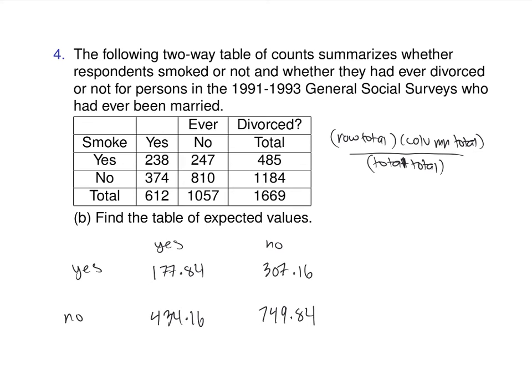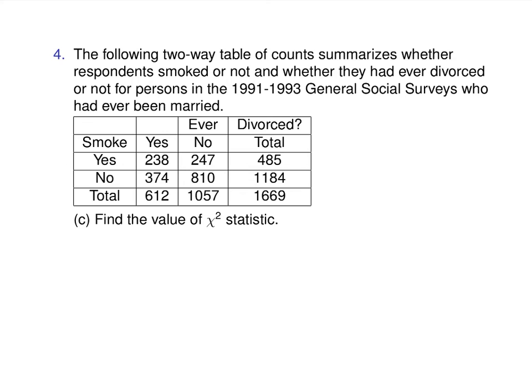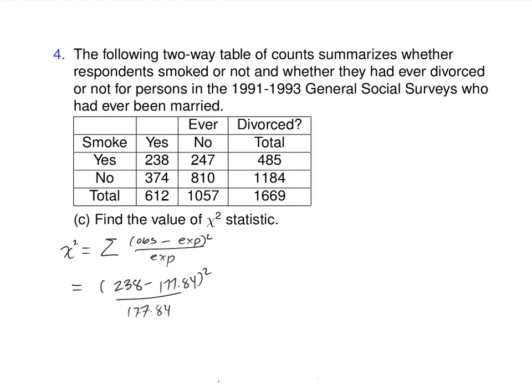And the last thing we'll do is we'll finish this one question. Chi-squared, how do you find that? You do a sum of observed minus expected squared over expected. So in this case, the observed for yes is 238 minus 177.84 squared over 177.84. Plus, what's next?